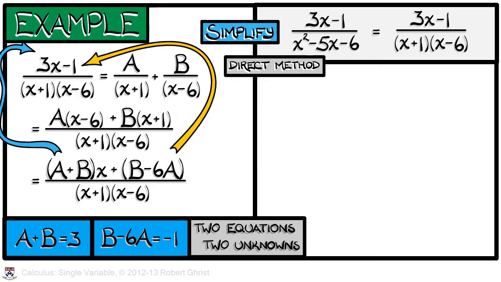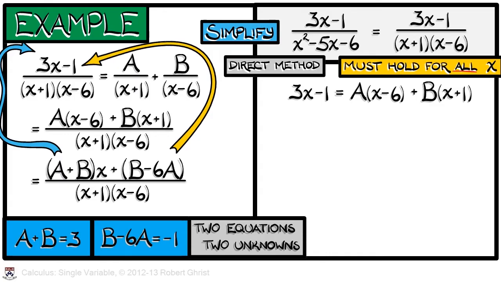So let me show you a more direct method for computing A and B. If, as before, we write out 3x − 1 = A(x − 6) + B(x + 1), then instead of expanding and collecting, we can do the following. We can say this is a true statement, and it must be true for all values of x. Therefore, it must be true at x = −1.